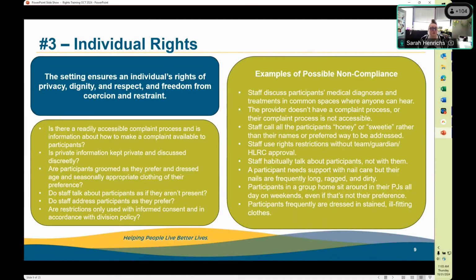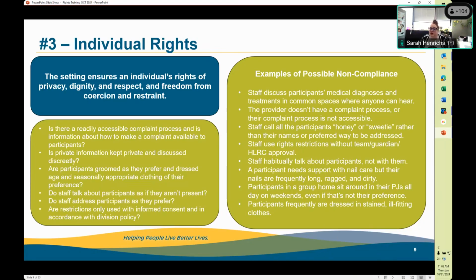Are participants groomed as they prefer and dressed in age appropriate and seasonally appropriate clothing of their preference? Do staff talk about participants as if they aren't there when they are? Do staff address participants as they prefer? And are restrictions only used with informed consent and in accordance with division policy?